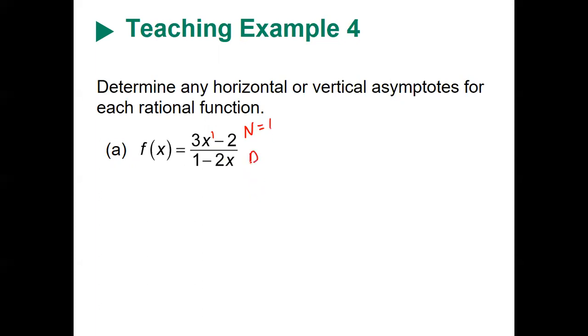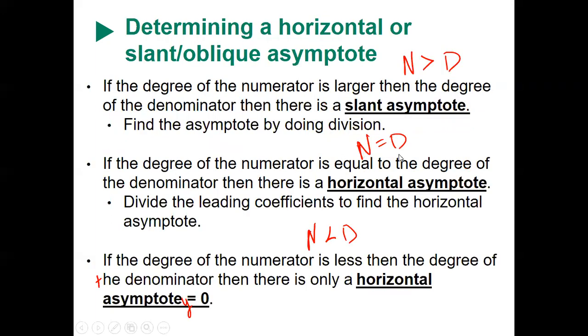Our d, the degree of our denominator, is also 1. So what do we do when n equals d? If n equals d, it's going to produce a horizontal asymptote. How do we find that?